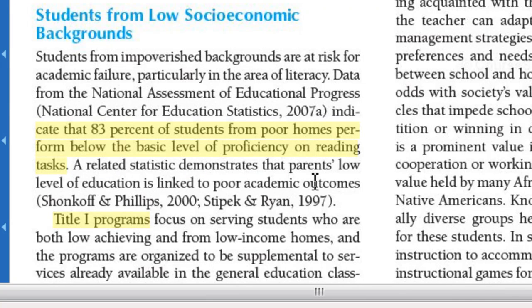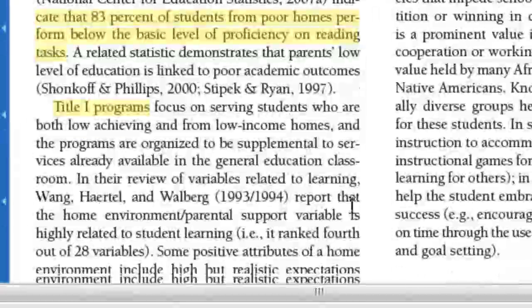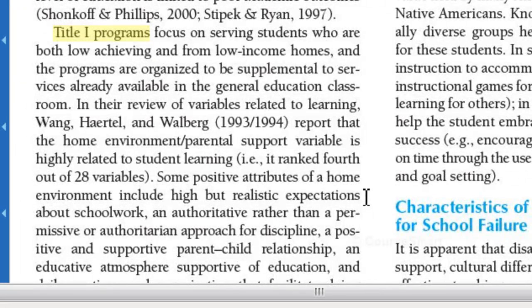The latest statistics demonstrate that parents' low level of education is linked to poor academic outcomes. What causes what there is the question, but often we find the parents in those same homes have low reading skills.